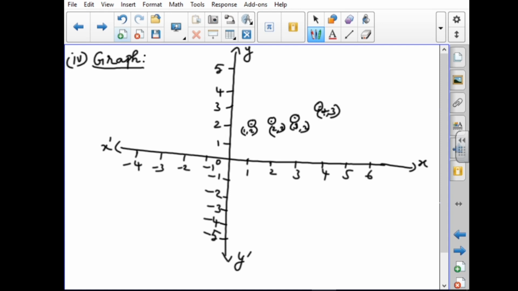Next one is 5 comma 4. 5 will be here, 4 will be here. So this is 5 comma 4. That's all in the graph. You don't want to write that scale. The third one is completed. They asked to represent the function in arrow diagram, table form and graph. So this is completed.